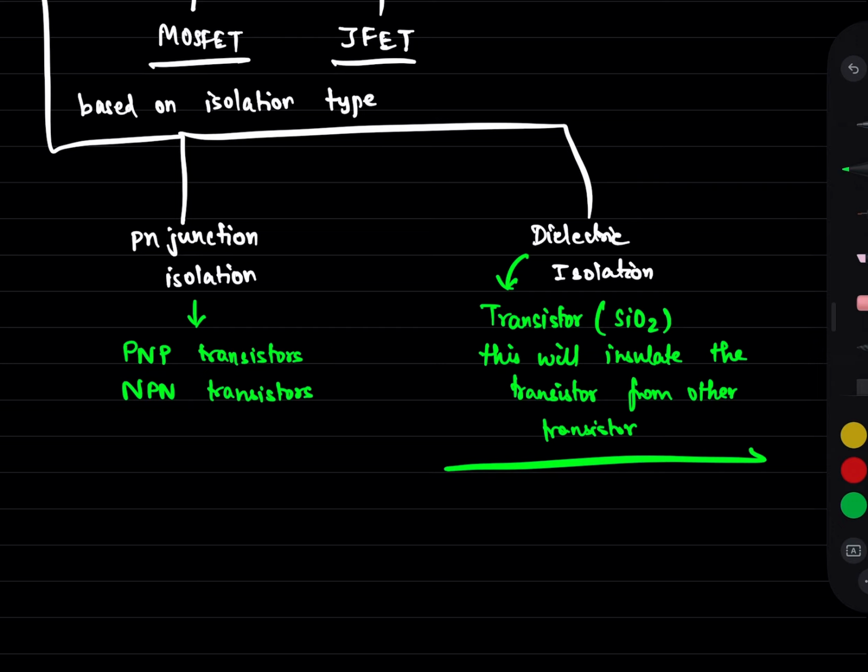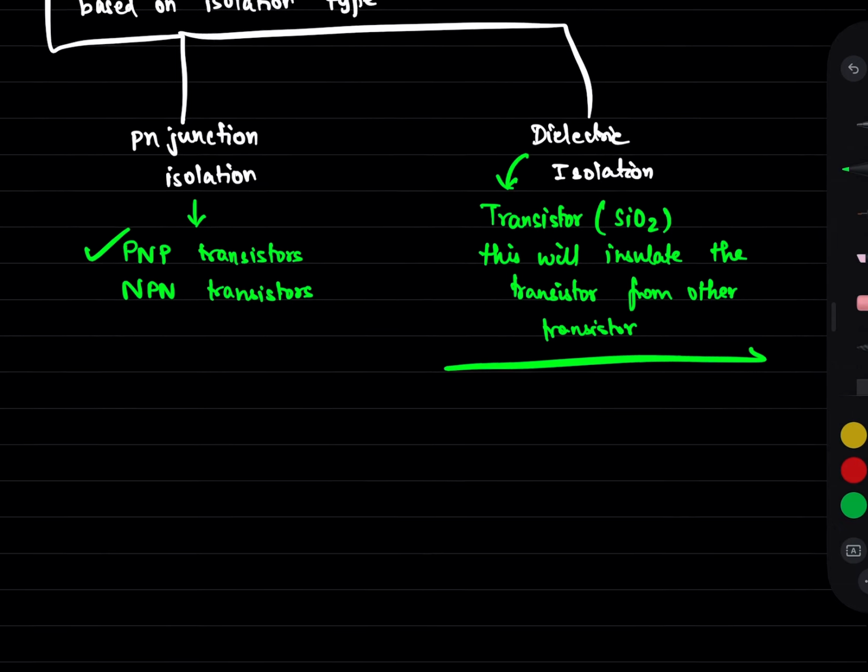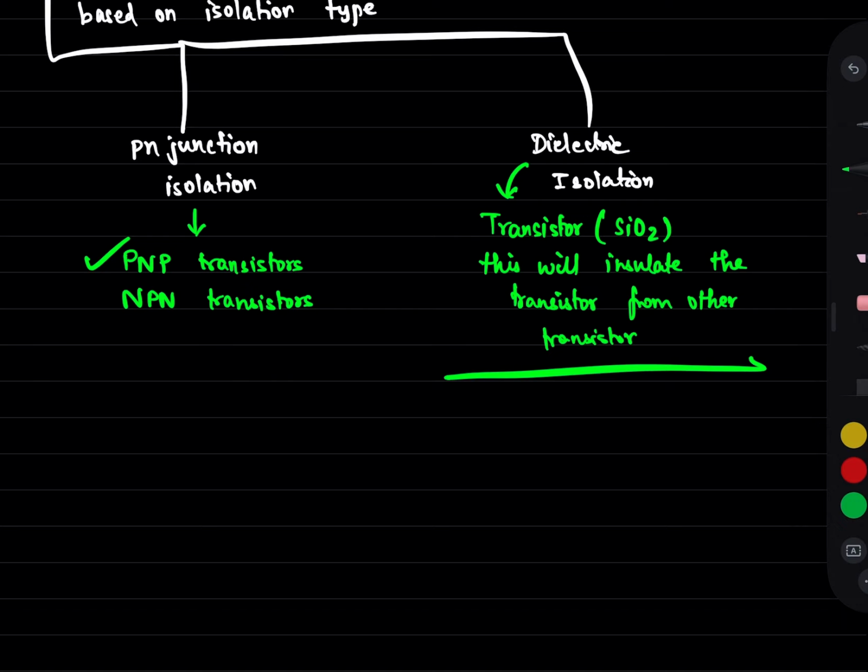If we apply reverse bias to PNP transistors, a depletion layer is formed in the collector base junction, and electrons cannot flow from the collector to the substrate. While in an NPN transistor, a depletion layer is formed between the base and the substrate. So there won't be any electrons which flow from the emitter to the substrate.